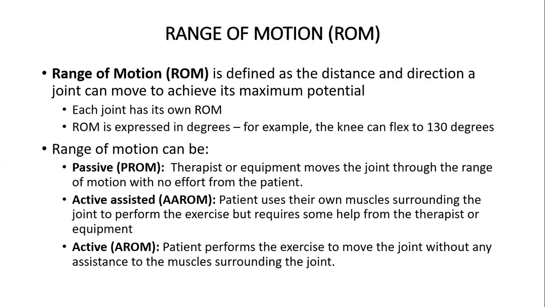That's active assisted range of motion. And finally, you're going to have patients that can perform the range of motion all by themselves without any assistance. And that's known as active range of motion. Any questions on ranges of motion? We're good with that? All right.